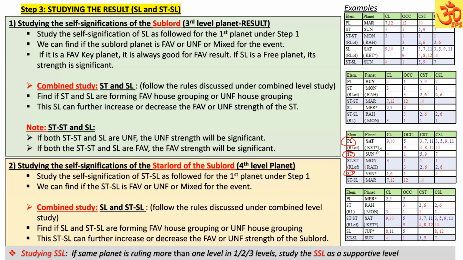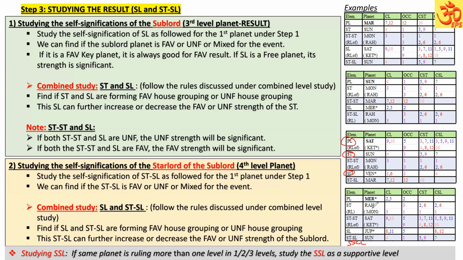Suppose Saturn is the star of Saturn, or Saturn is the sub of Saturn, or Sun is the star lord and also sublord. It means out of the three primary levels, the same planet is ruling more than one level. We can also take the sub-sublord into consideration as a supportive level.